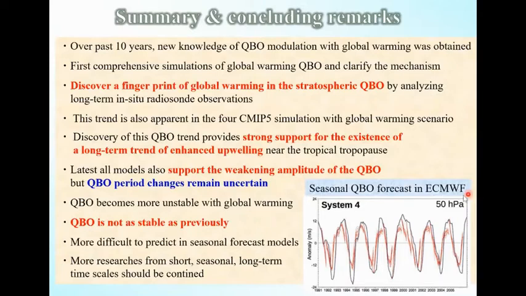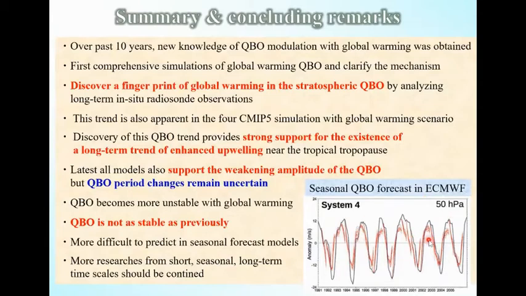So the ECMWF, the biggest center for seasonal prediction and weather prediction, tries to simulate and forecast the QBO like this. The black line shows the real atmosphere, and each red line shows the ensemble of the forecast centers.